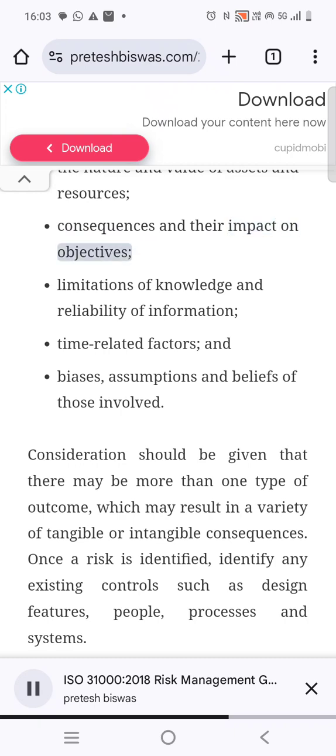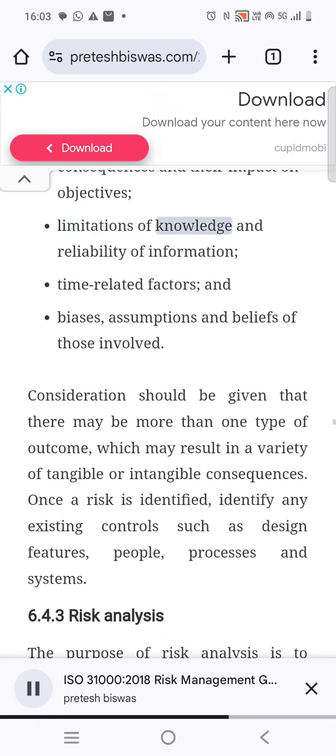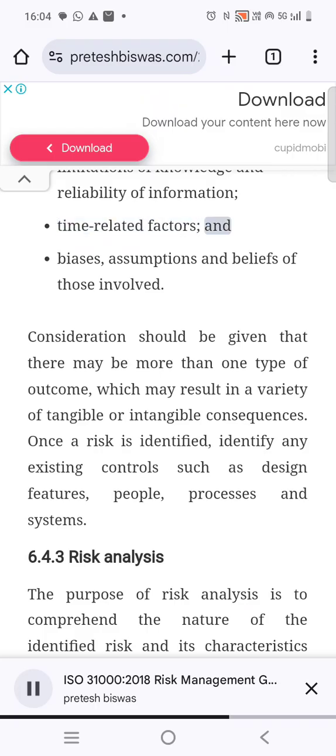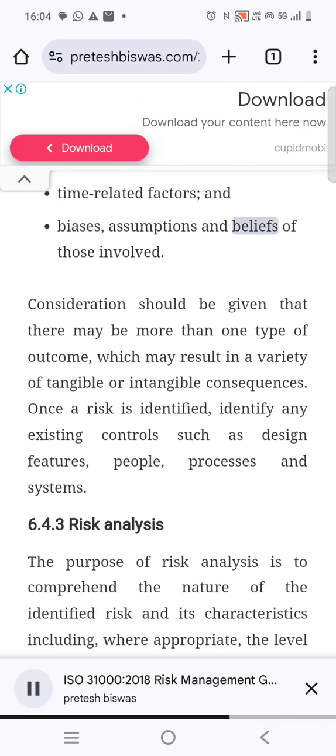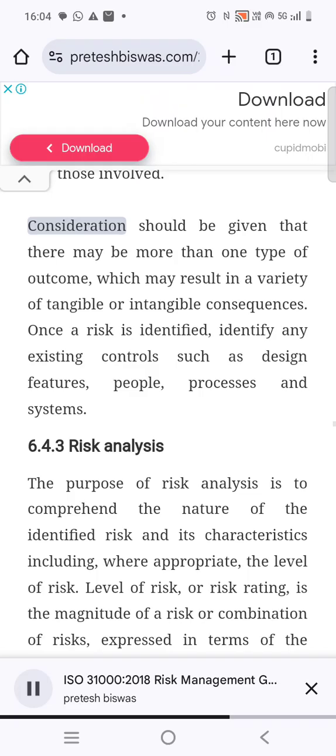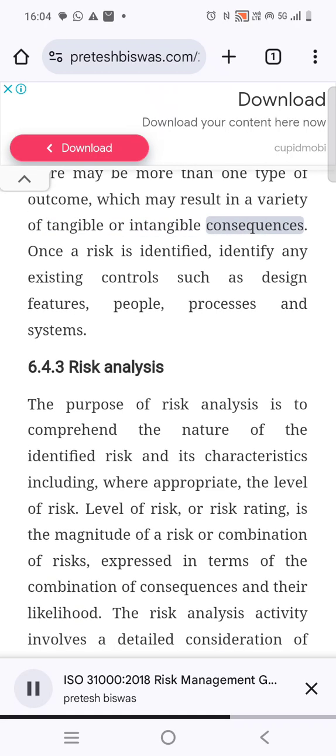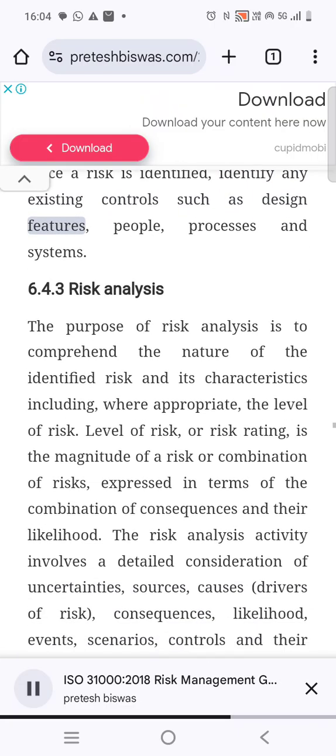Consequences and their impact on objectives. Limitations of knowledge and reliability of information. Time-related factors, and biases, assumptions, and beliefs of those involved. Consideration should be given that there may be more than one type of outcome, which may result in a variety of tangible or intangible consequences. Once a risk is identified, identify any existing controls such as design features, people, processes, and systems.